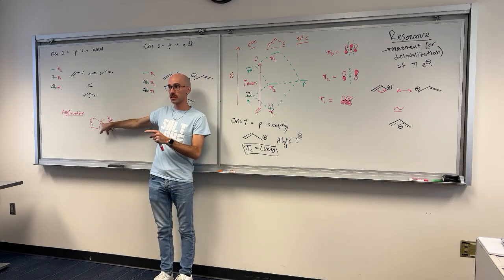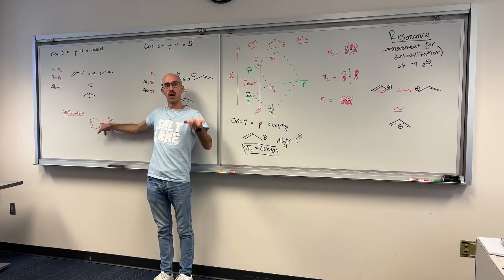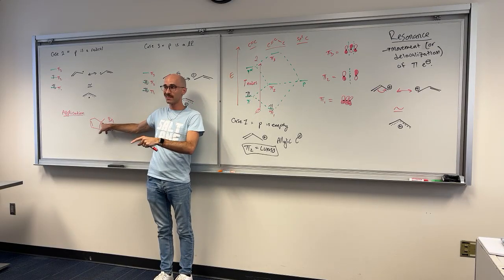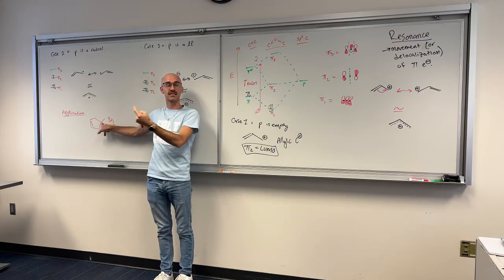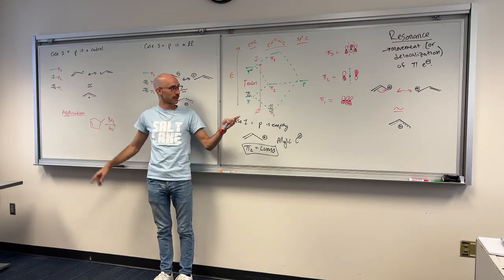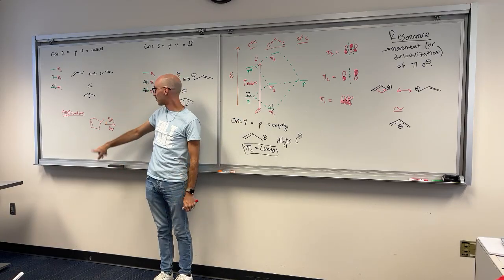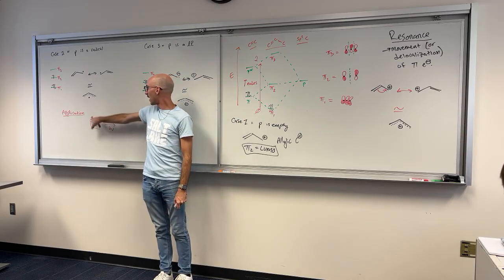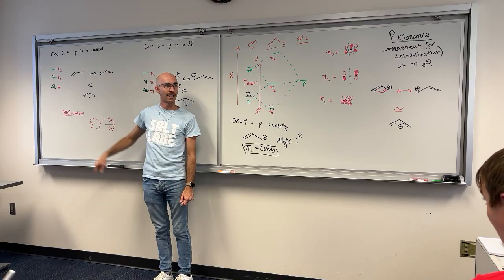Tertiary would be a good guess because the most substituted radical is the most stable unless there is a position that is resonance stabilized. And how do you get something resonance stabilized? You make it allylic. So either of these positions that are adjacent to the alkene are allylic.